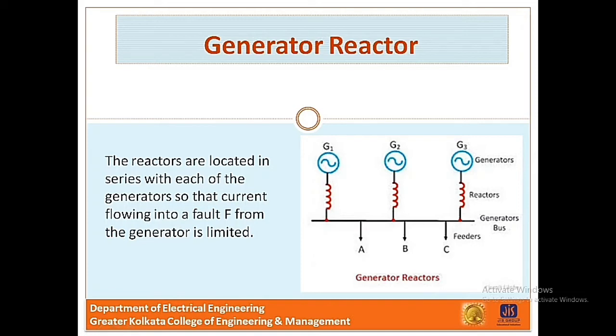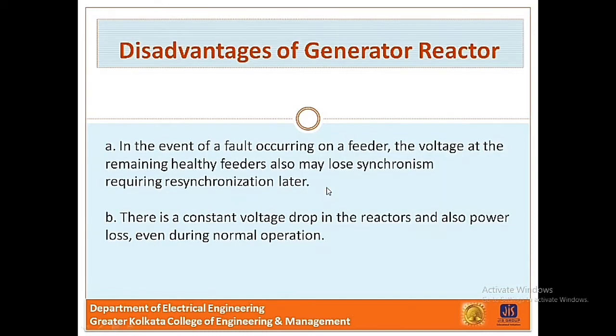In this case, the reactor may be considered as a part of the leakage reactance of the generator. Hence, its effect is to protect the generator in case of any short circuit beyond the reactors. But it suffers from some disadvantages.